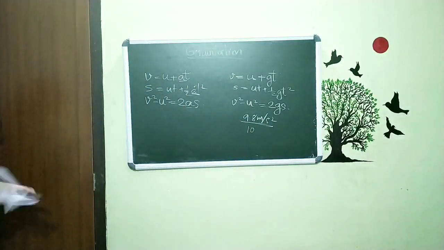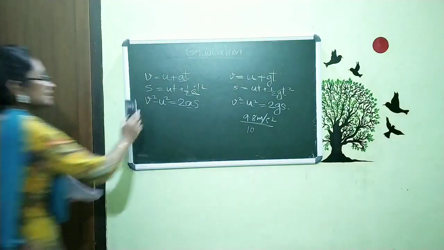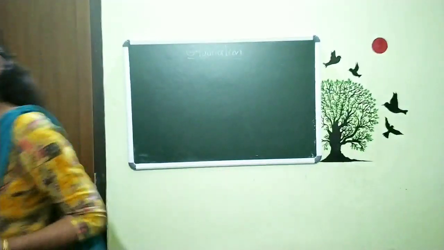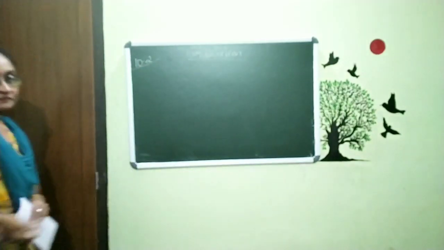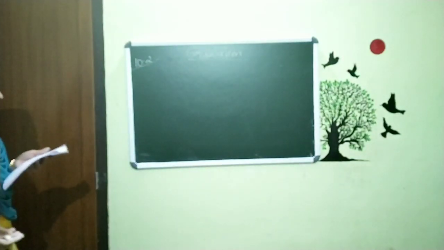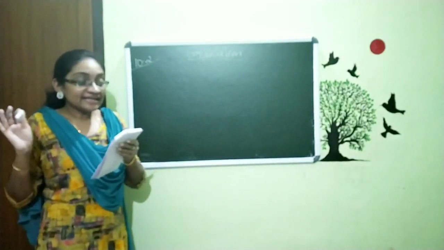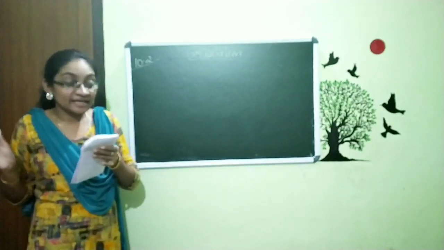Now next we are going to do one problem. And the question you can see in your textbook. The question is there in page number 136, example 10.2. Now I am going to explain it. The question is like this. A car falls off a ledge.